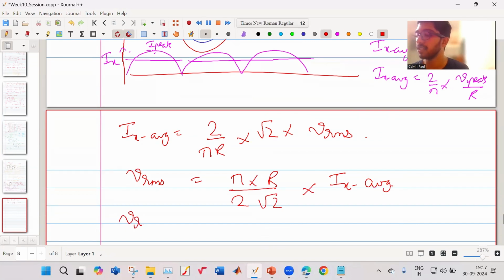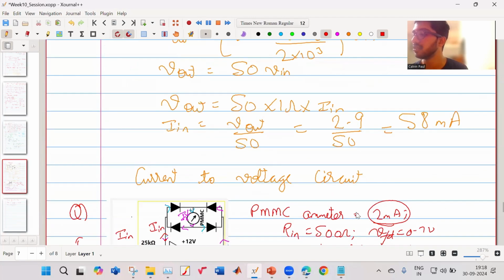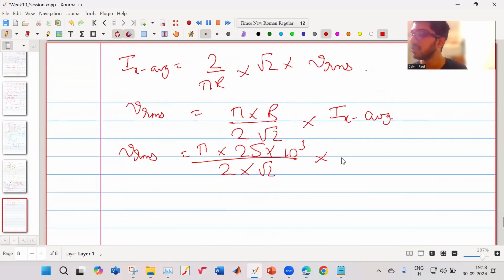So your V RMS is equal to pi into R, which is 25K, upon 2 into root 2, into Ix average, which is 2 milliampere, so 2 into 10 to the power minus 3. So what will be my V RMS?